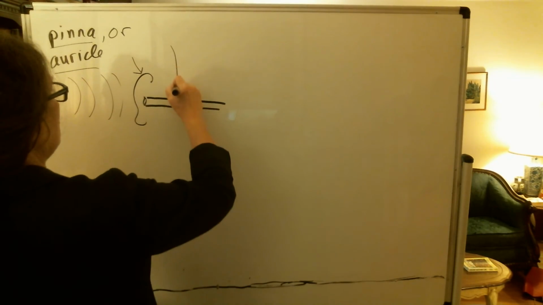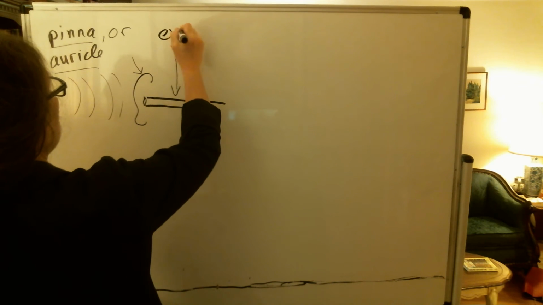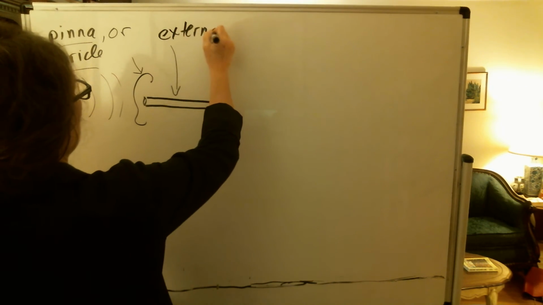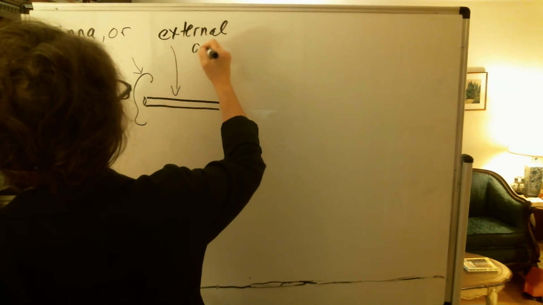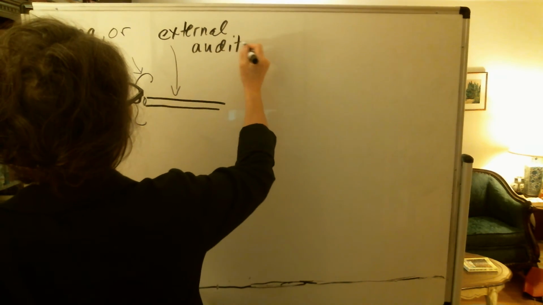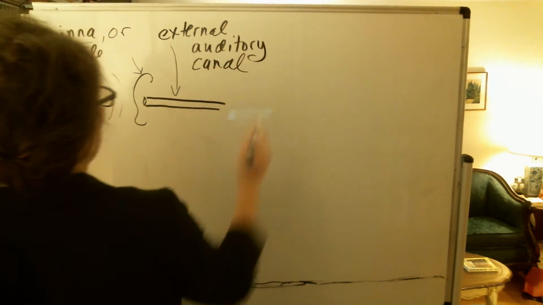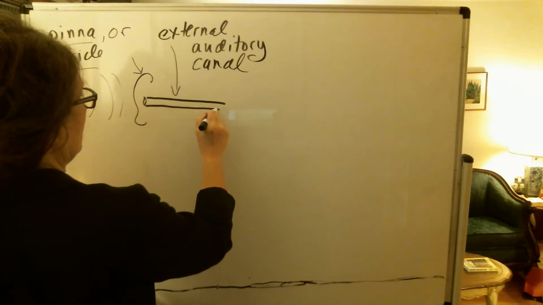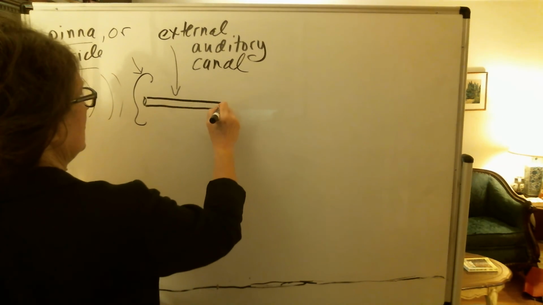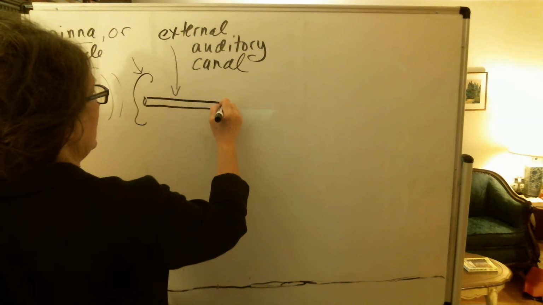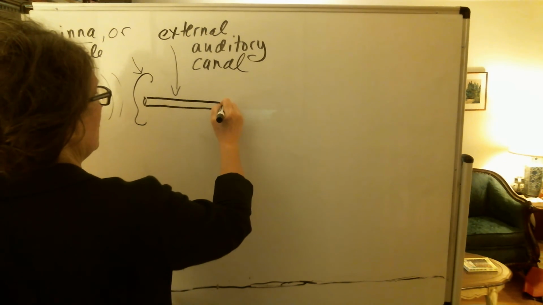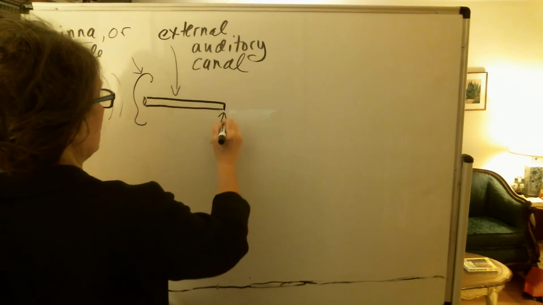So this then is the external auditory canal, right there. And then at the other end, you have this little membrane here.